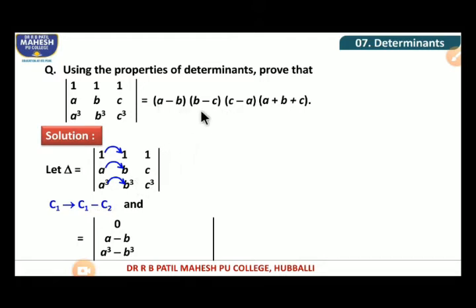Similarly, to get b minus c, I am going to operate C2 changes to C2 minus C3. Then we get the term b minus c. Therefore, C2 will become 0, b minus c, b cube minus c cube, and the third column as it is, I will take here 1, c, c cube.